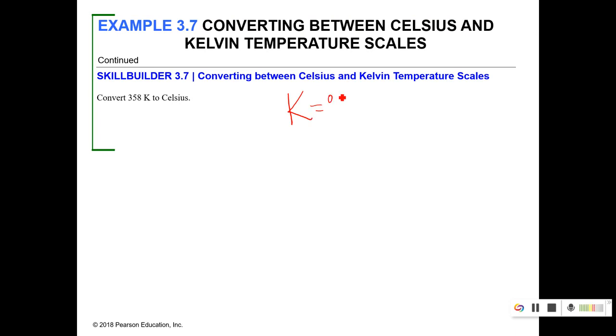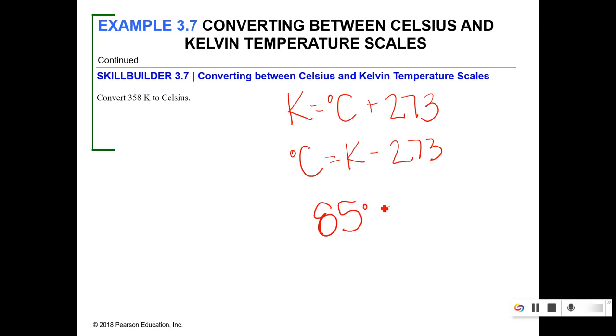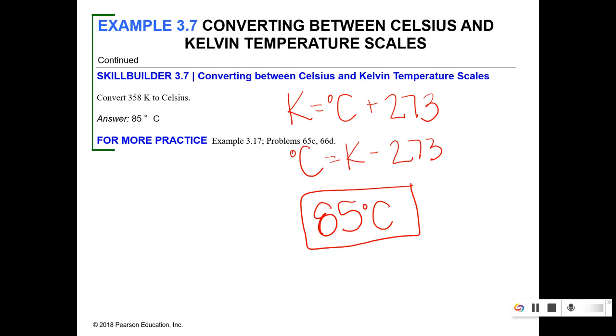If Kelvin is Celsius plus 273, then Celsius is Kelvin minus 273, by rearranging that equation. So I've got 358 minus 273. I get 85 degrees Celsius. Y'all, let me know if you have any questions about this, but this is really not that difficult.